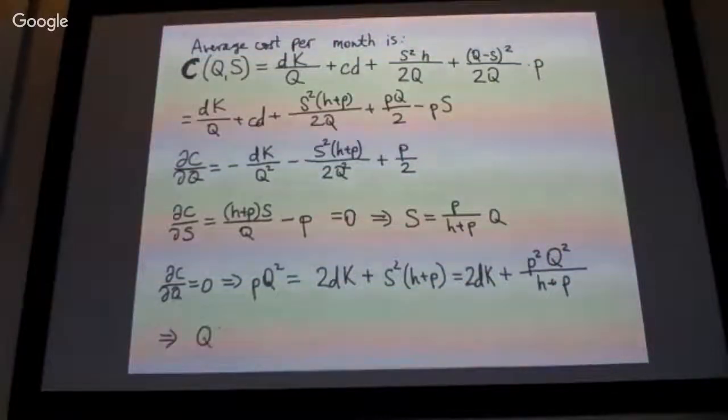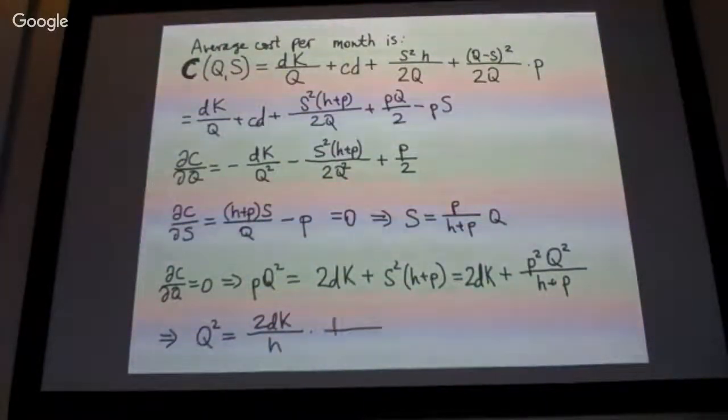Therefore, q squared is 2dk divided by h times, and I'm writing in a stupid way again, p plus h divided by p, which we get by isolating this. We have to square s, s squared. You squared both of them.